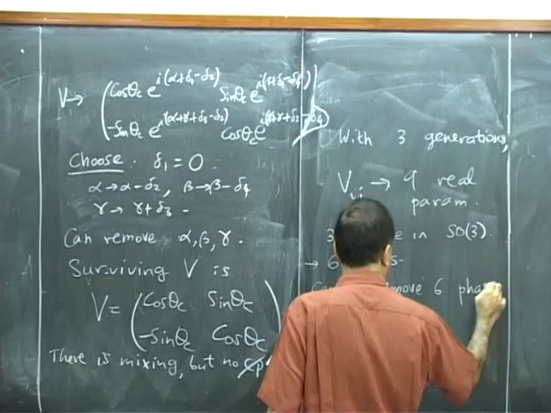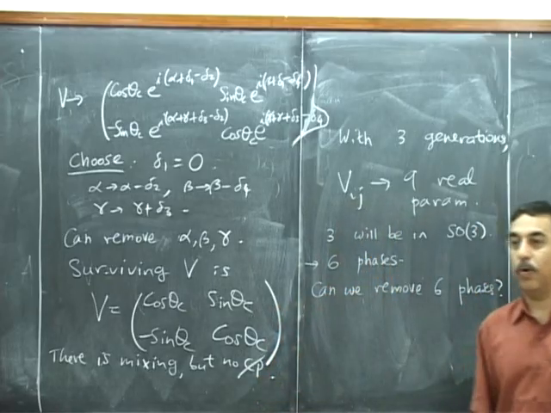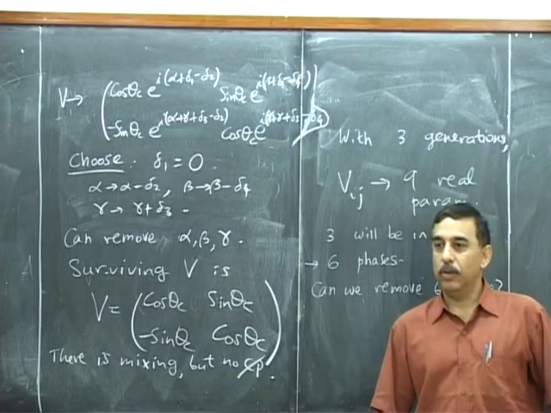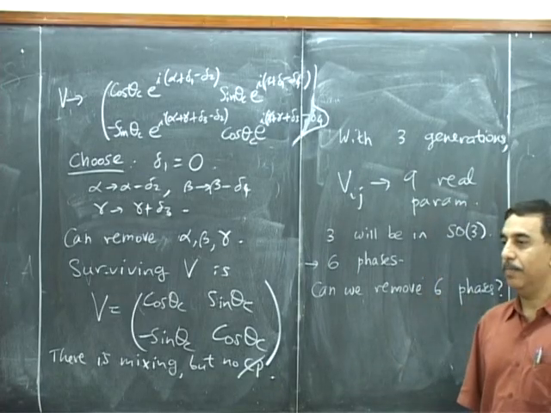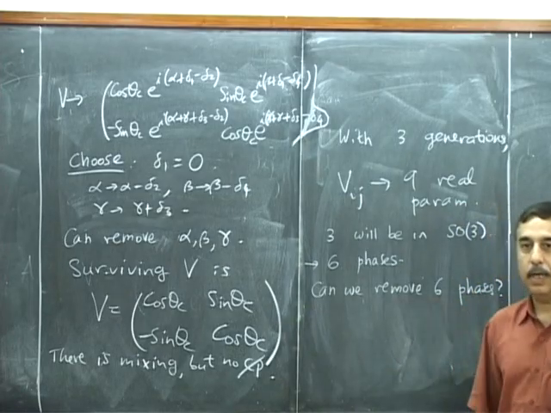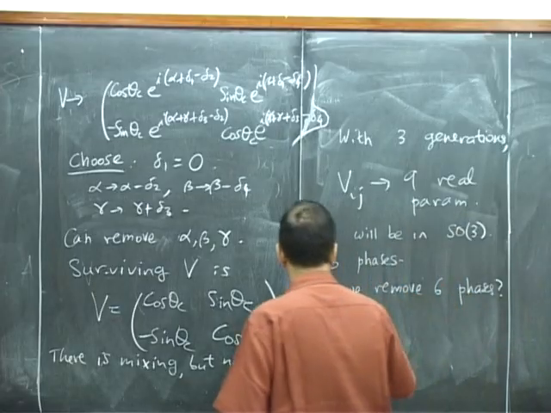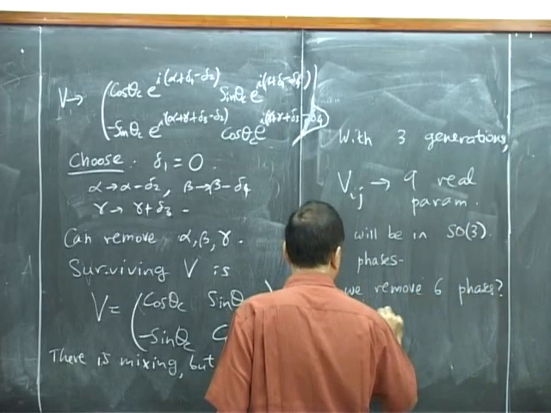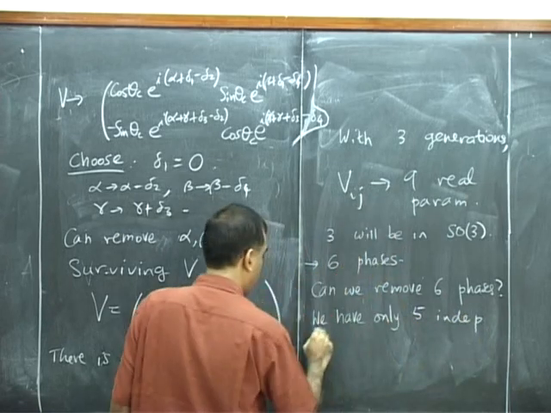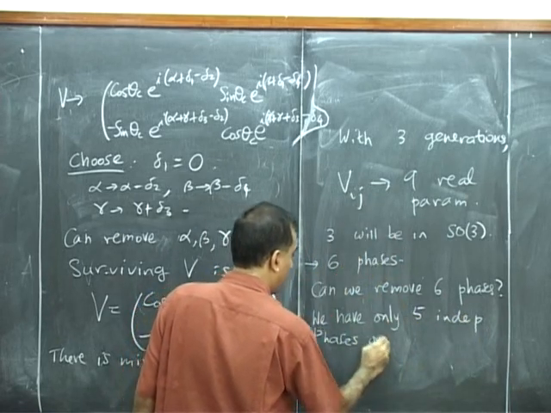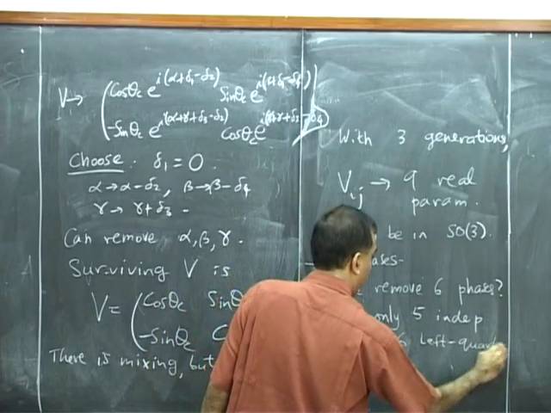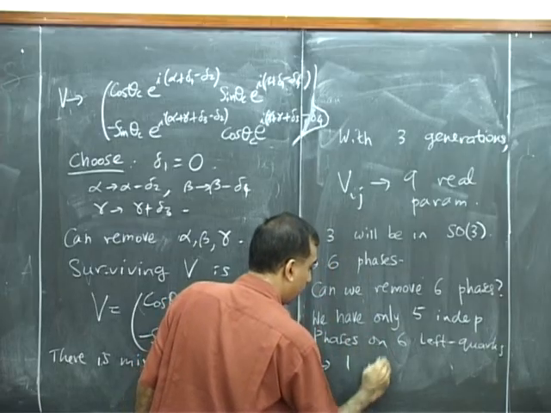And the answer is clear. We have 6 different quarks on which to act with phases. But all 6 being transformed by the same phase will do nothing, just as it did in this case. Therefore, there are only 5 independent phases on 6 left quarks. Therefore, one phase remains.